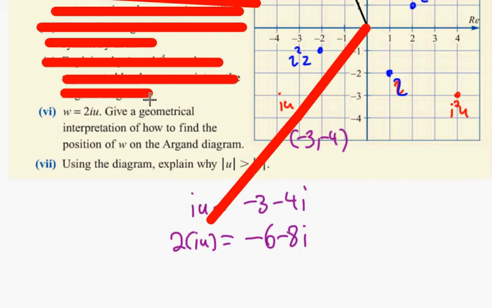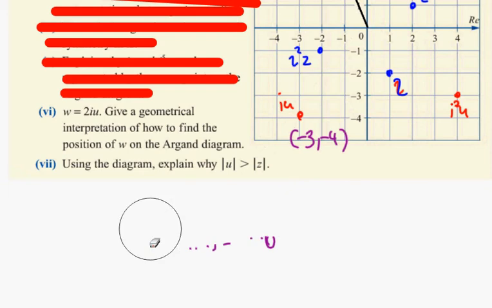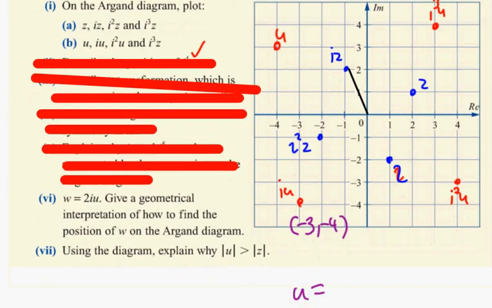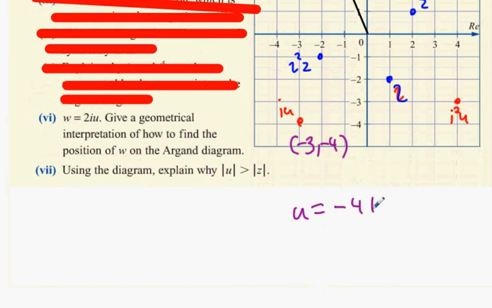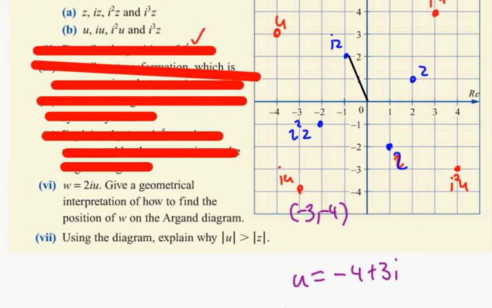Yeah. Now, if we're talking about u in the first place, see u. u is -4 plus 3i. When you multiply u by i, what happens? It ends up rotating. So u started off up here. Everybody can see u. When you multiply u by i, it ends up down here.